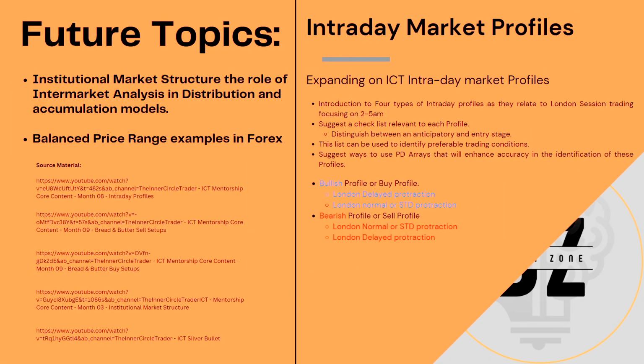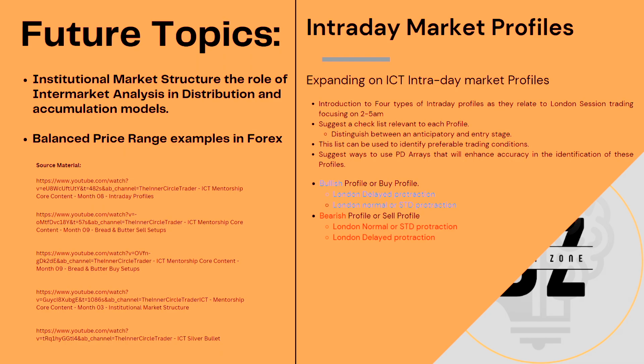So what I tried to do here was to blend a number of key ICT lectures, information about institutional market structure, about distribution and accumulation models. We incorporated time theory and showed it is possible to anticipate when reversals are more likely to occur.